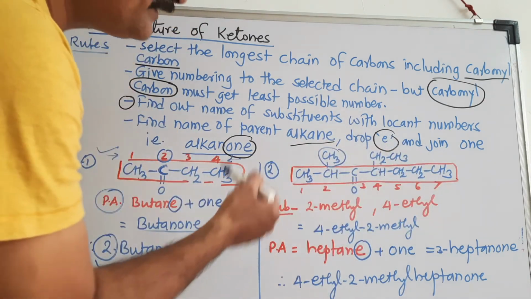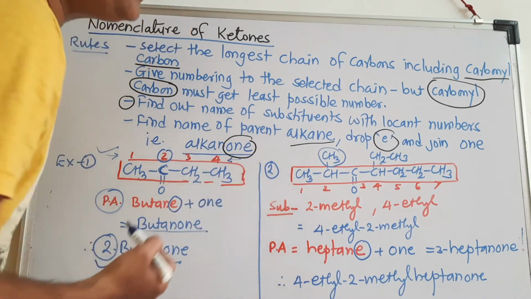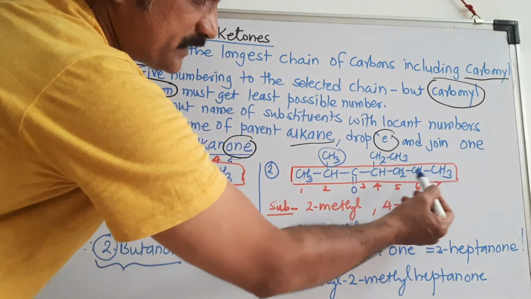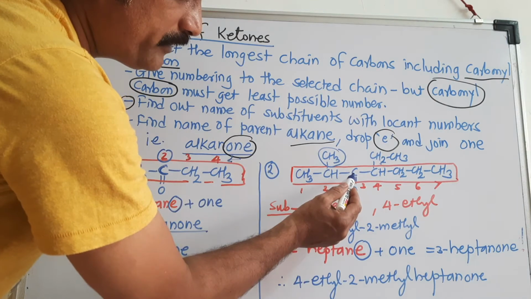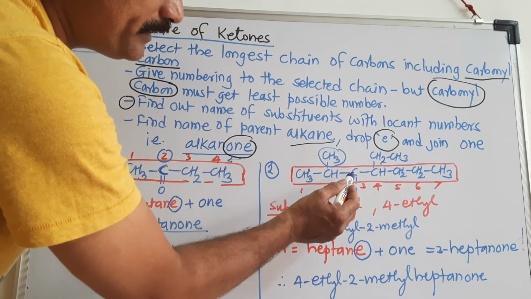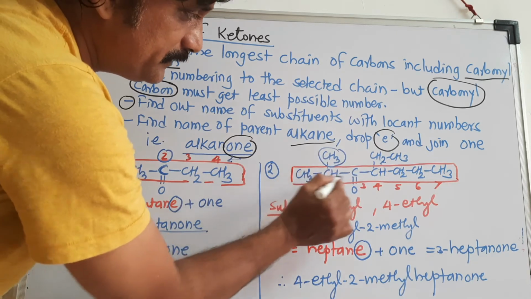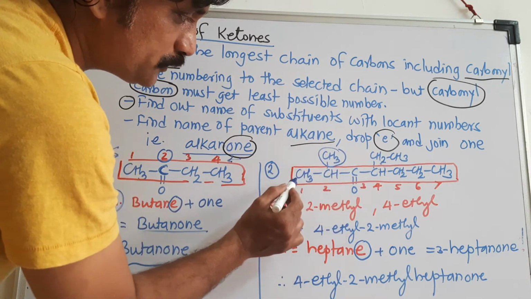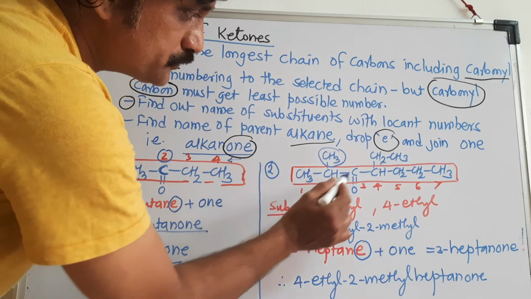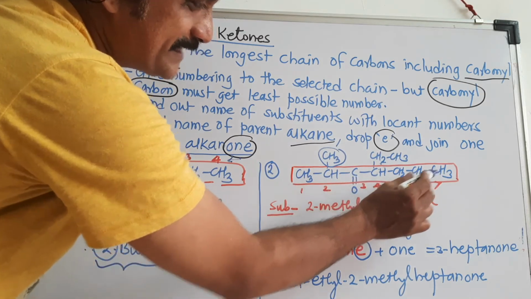Now see, the second task is to provide numbers. If I start numbering from this end, our carbonyl carbon will not get the least possible number. So I must select this end because this is nearer. So I give numbers 1, 2, 3, 4, 5, 6 and 7.